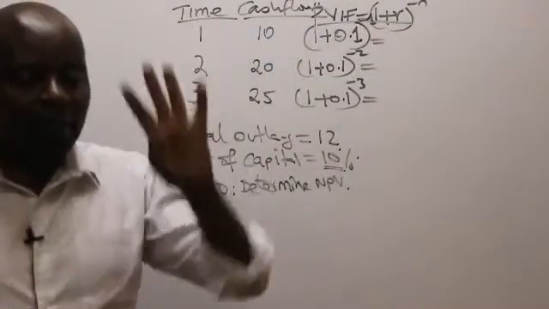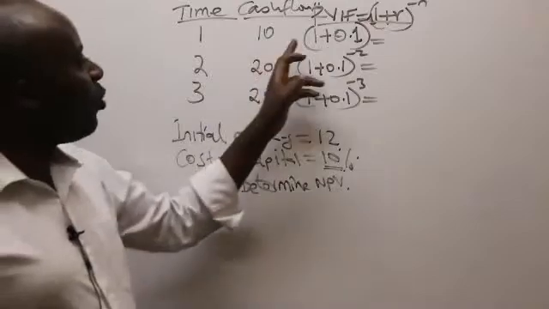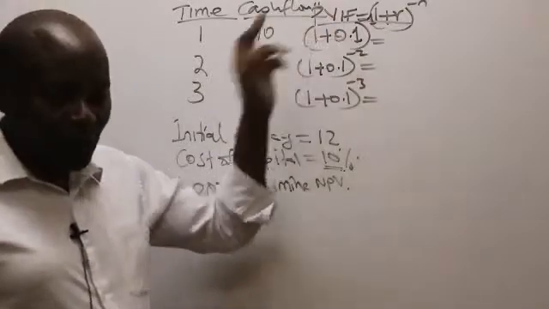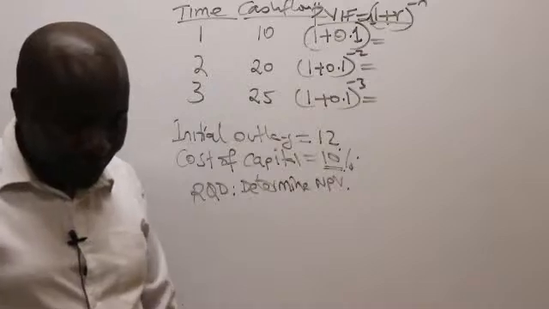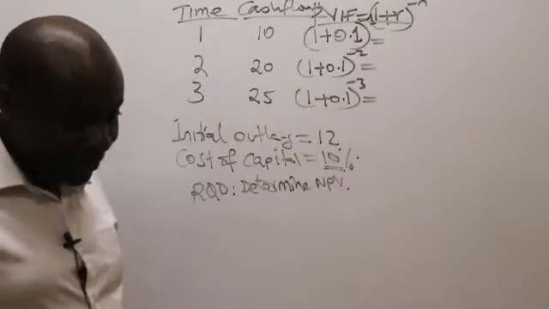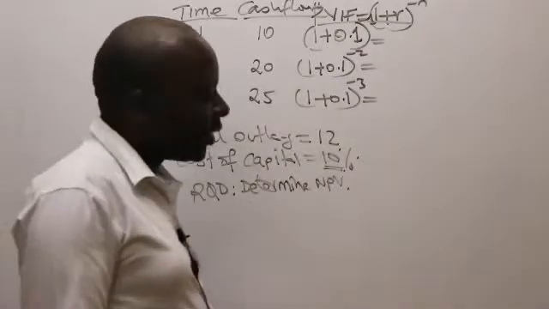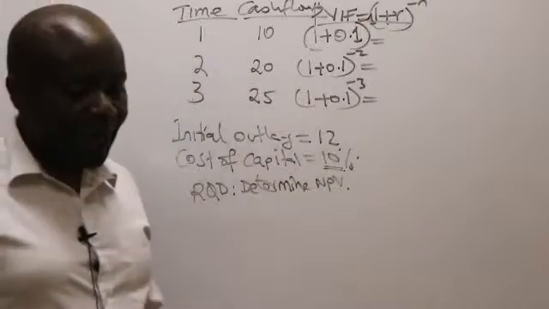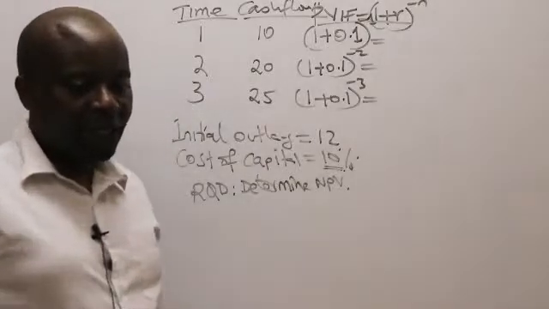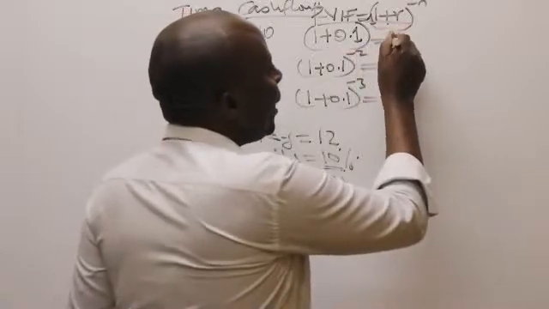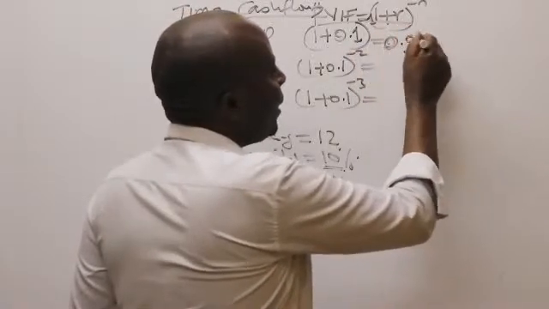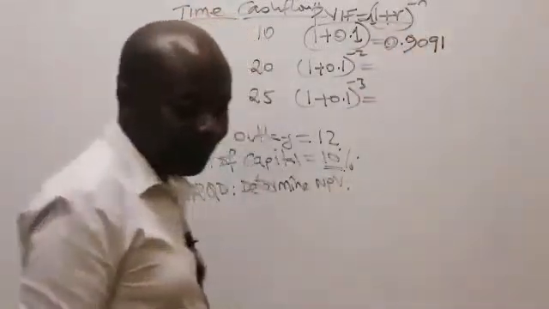So 4 decimal places. The first one will be 1.1 raised to minus 1. Is there somebody who is able to give me this figure? 0.9091. We check again, Silas, 1.1 raised to minus 1. 0.9091.